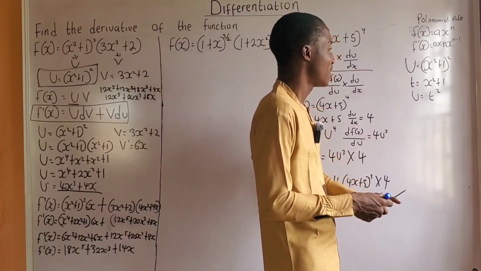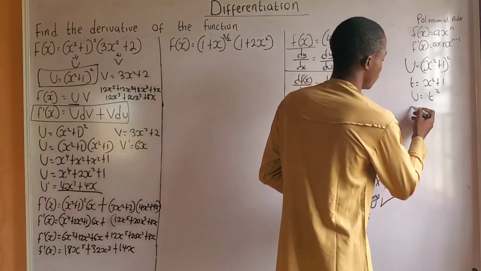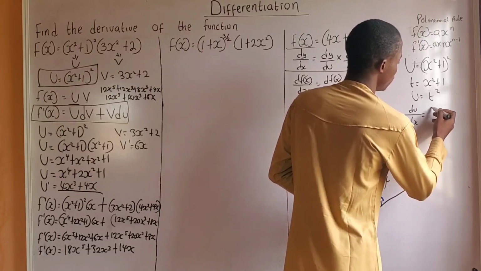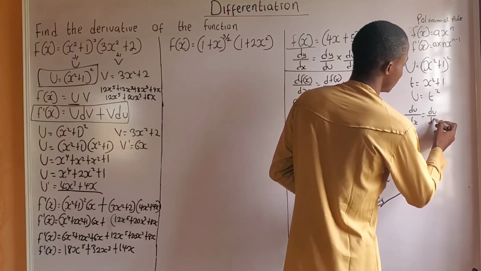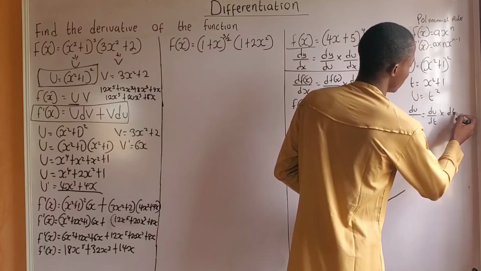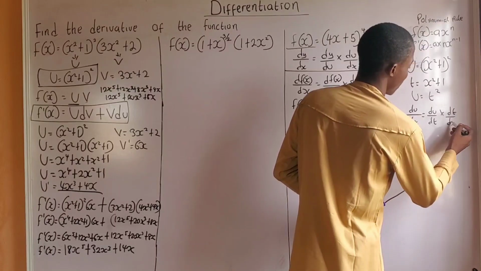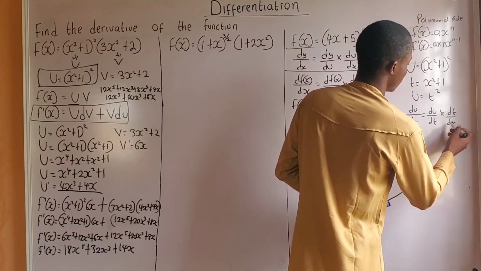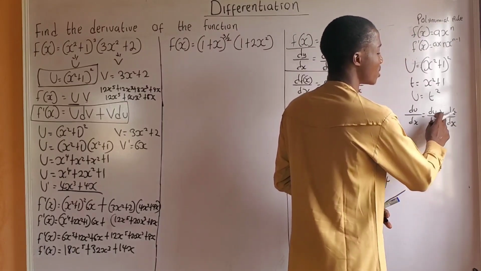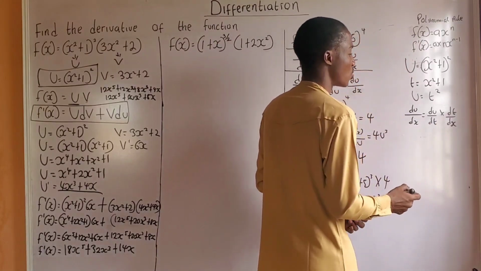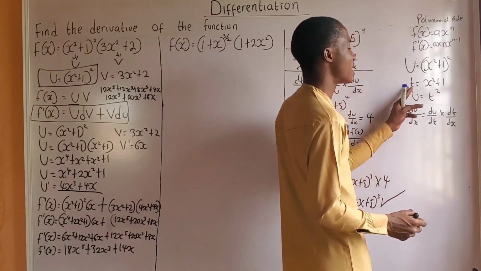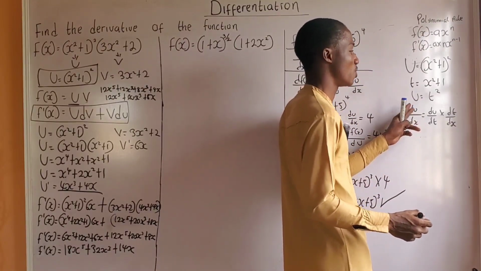Yes. Now, du over dx will be equal to du over dt multiplied by dt over dx. Are you getting it? Oh, dt over dx, sorry. du over dt multiplied by dt over dx. So with respect to this formula, I need the derivative of t and the derivative of u.